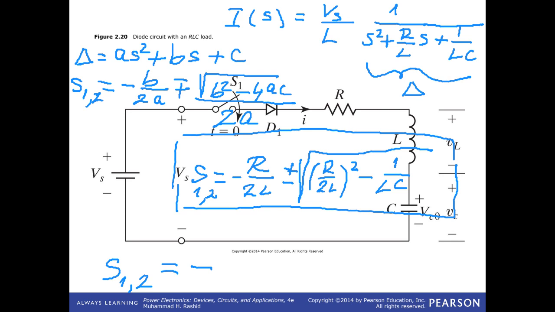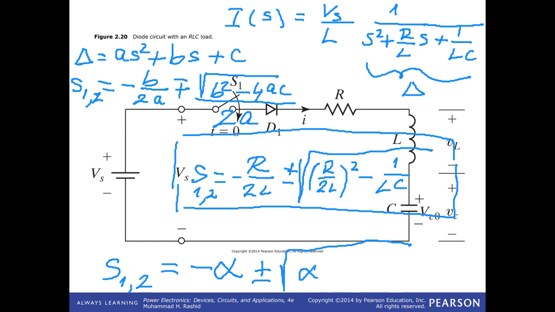So it's going to be minus alpha plus or minus the square root of alpha square minus omega o square. It's a second order system. You are familiar with those equations from our control systems, not in this form, but similar.